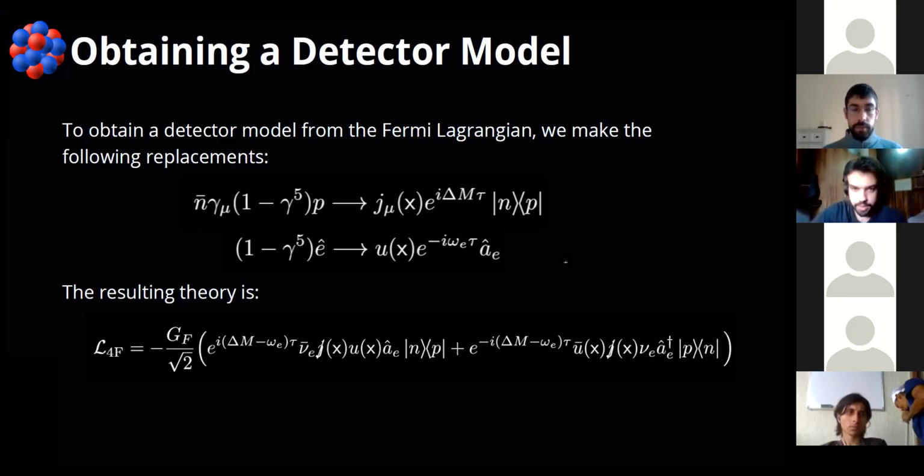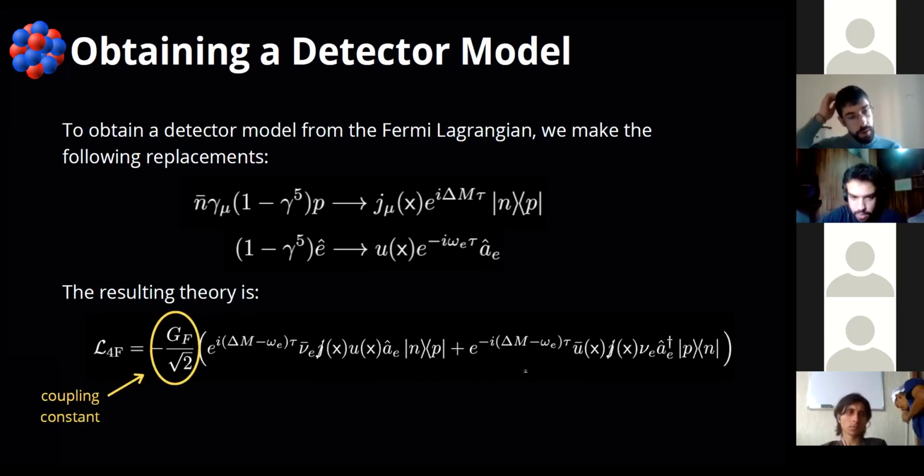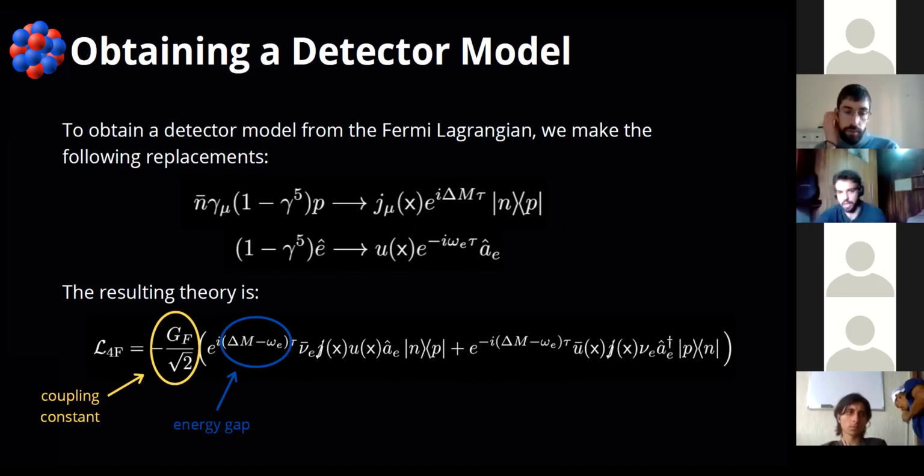So if we plug these 2 things into the 4 Fermi Lagrangian, then we end up with this theory here, which looks like a particle detector model, because again, we have our coupling constant, we have something that can be identified with an energy gap, and we do have a sort of space-time smearing, which is weird here.